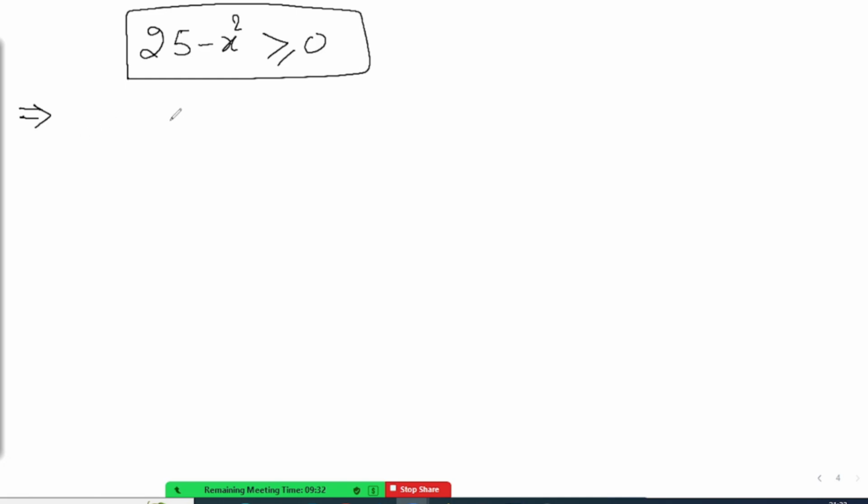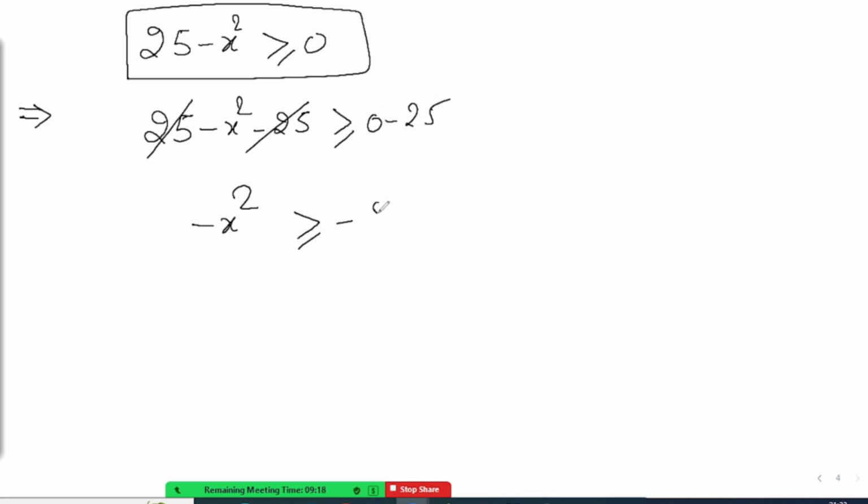Let us try. So 25 minus x square minus 25 is greater than or equal to 0 minus 25. The 25s cancel out. So minus x square should be greater than or equal to minus 25. Now multiplying both sides by minus 1, x square should be less than or equal to 25.